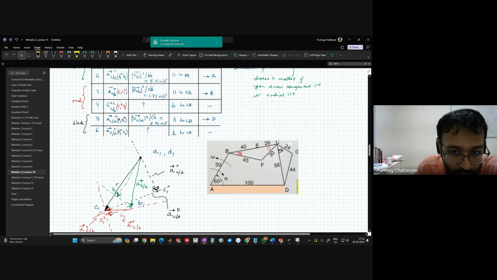So again, I'll do it towards the left. This is my C with respect to B radial, and the magnitude is 1.75. It's parallel to BC, so both the magnitude and direction are known.